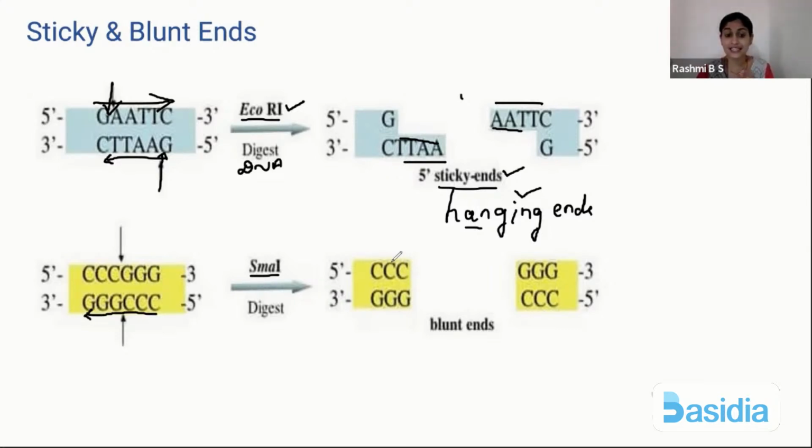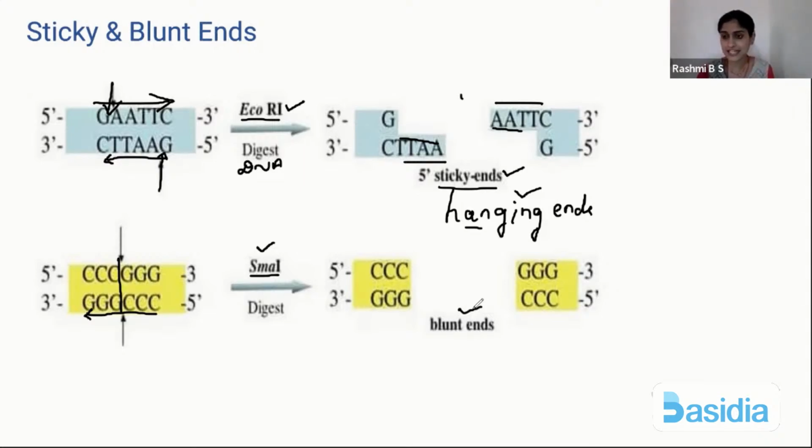This SmaI cuts the DNA fragment between C and G. Now see, you're not getting any hanging ends here. Can you see any hanging? No. It's just blunt. These are nothing but blunt ends.